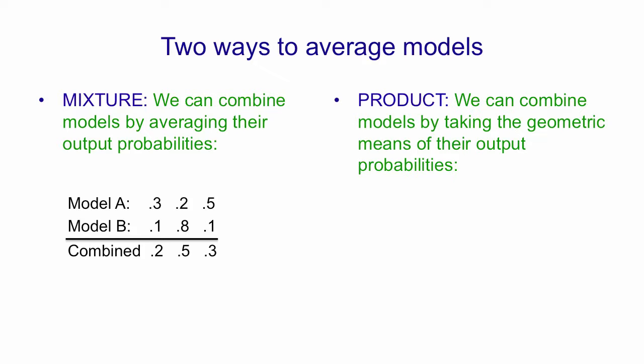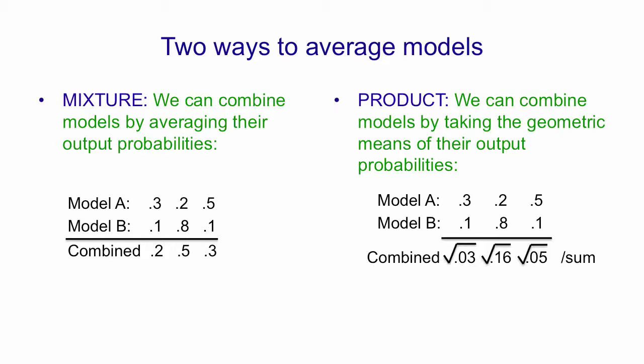A different way of combining models is to use a product of the probabilities. Here we take a geometric mean of the same probabilities. So model A and model B again assign the same probabilities as they did before. But now what we do is we multiply each pair of probabilities together and then take the square root.